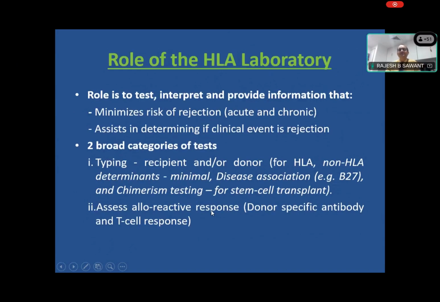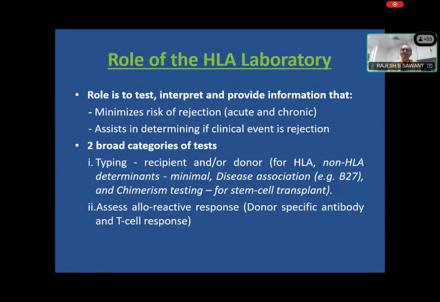Okay, so typing, as I was saying, not only for the donor and the recipient typing, but there are certain HLA typing tests that are very specific because they are associated with a particular disease. So disease association, and the commonest which all of us know is typing for HLA-B27. The other important application of typing based tests is chimerism testing.